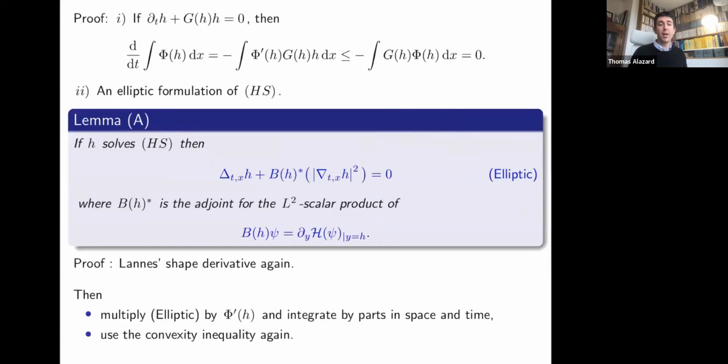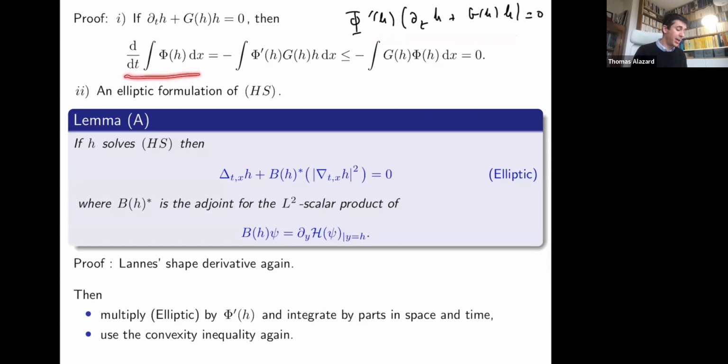The proof that the Phi functional is a Lyapunov functional is based just on a simple computation. You multiply the elliptic equation by Phi prime of h, and you integrate over the torus T^d.